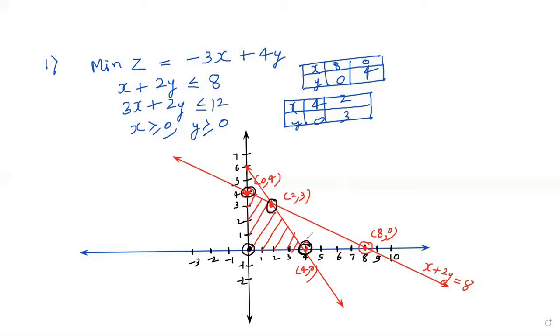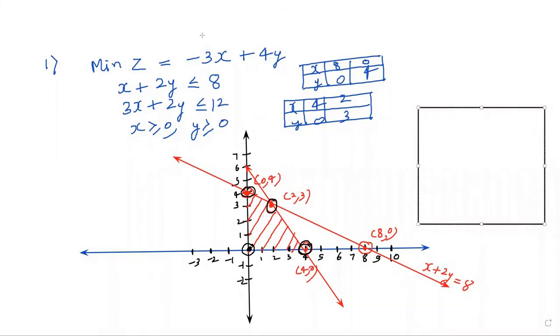Right. Now, after getting the corner points, you just make a table like this, with 2 columns. On the left side, you write the corner points. This is what the corner point method is.